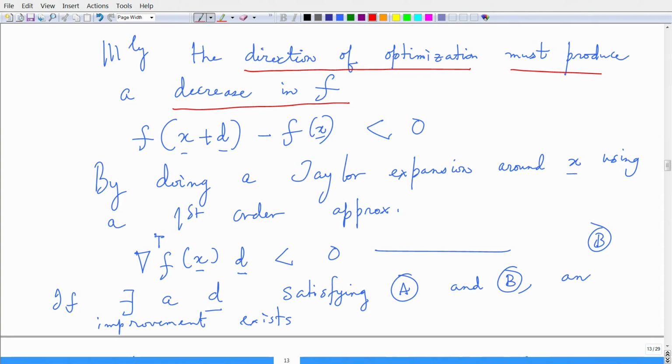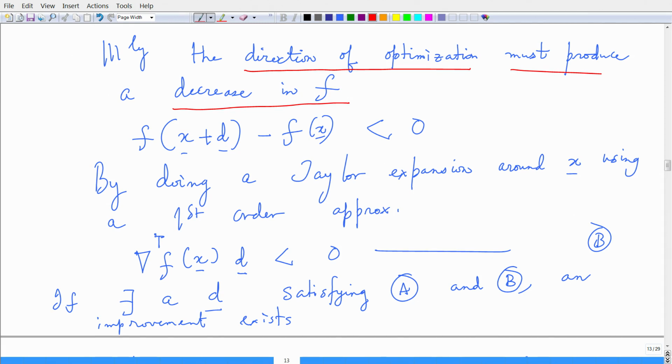I have f of x, I compute f of x plus d, and f of x minus f of x plus d is greater than 0. So this is straightforward. Now we do a Taylor series expansion around x using a first order approximation, exactly in the same way that we did earlier.